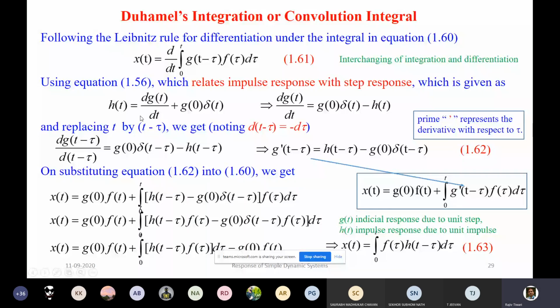So we are rearranging this equation. I am keeping this term on the right side and bringing the second term to this side, so you can see that this is negative.